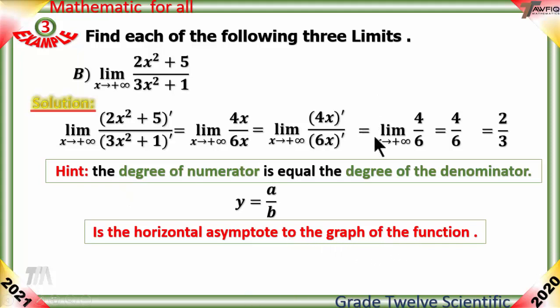So y equals 2 over 3 is a horizontal asymptote for the graph of this function.